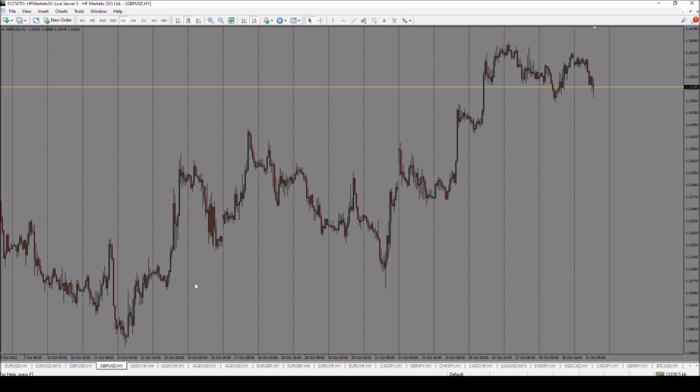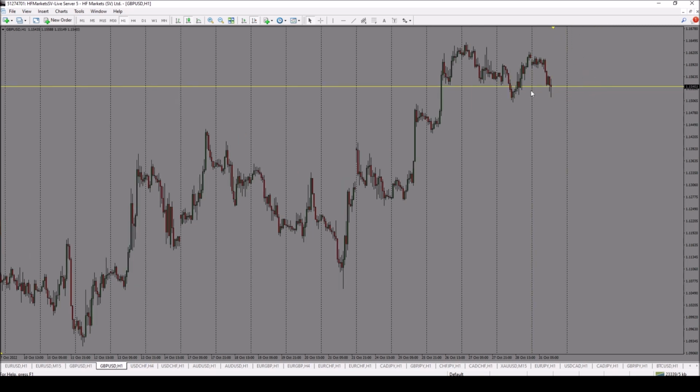So this is pound against US dollar. I've selected this pair, and this is the current price at this point. I've selected it because it has very clear impulses that everyone can see.